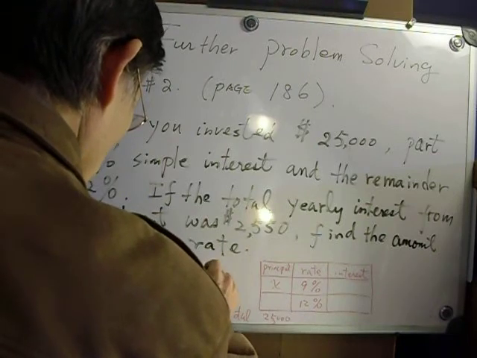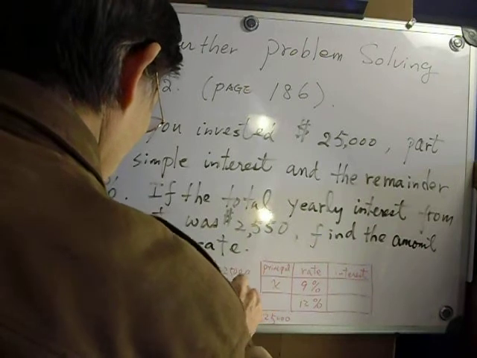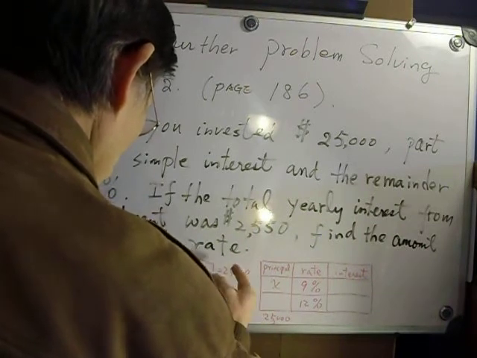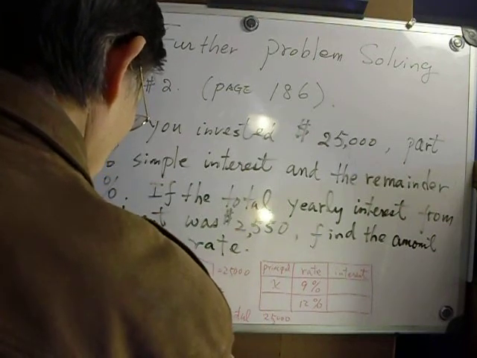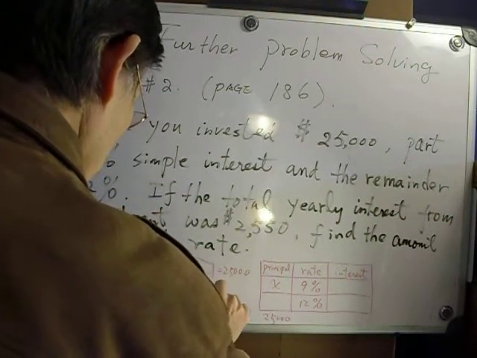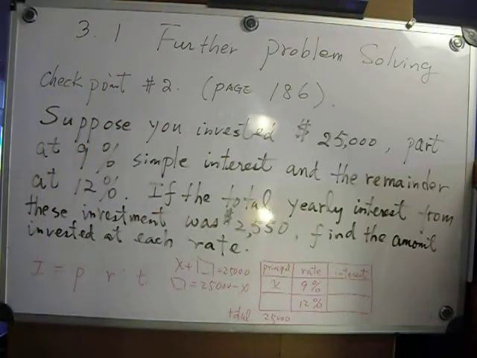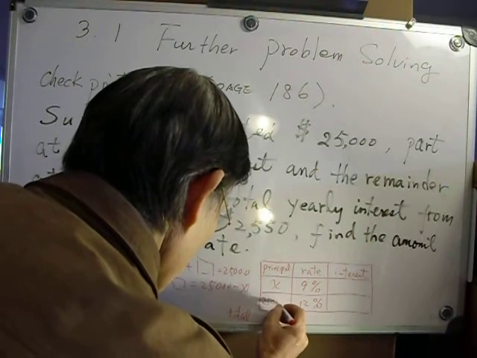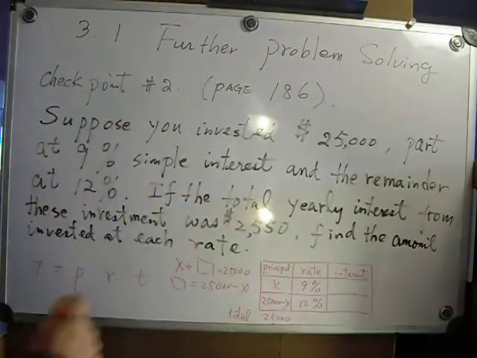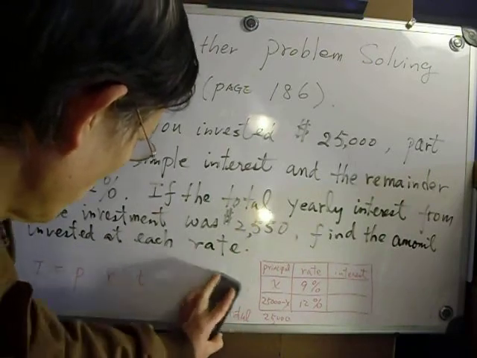Using all the information here, the box should be $25,000 minus x, right? 25,000 minus x, using the same variable. Let's keep it cleaner here, erase here.